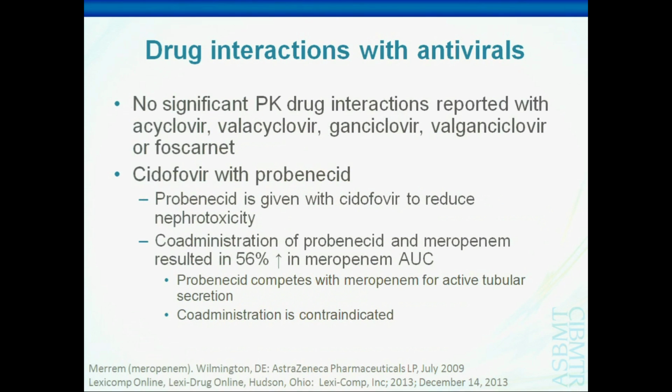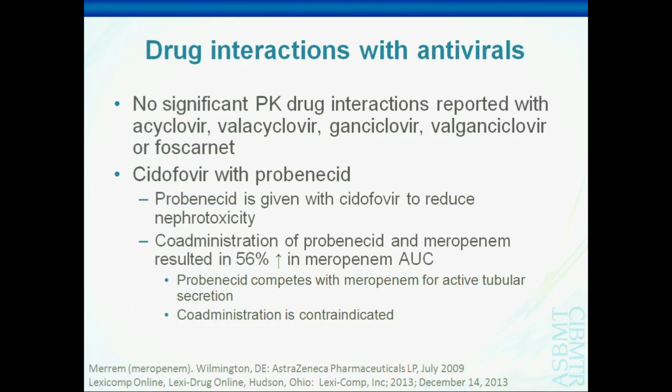Touching quickly on the antivirals, there's really not much to say. There's no significant PK drug interactions reported with acyclovir, valacyclovir, ganciclovir, valganciclovir, and foscarnet. The only one to really note was cidofovir, and it's not necessarily cidofovir itself, but with probenecid.